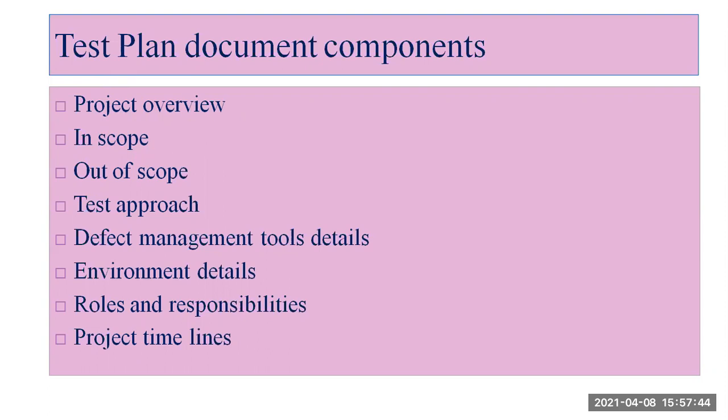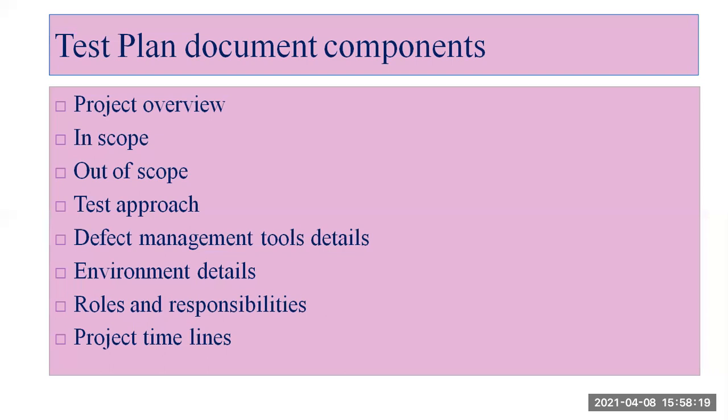What is a test plan document? It is a detailed document that describes the test strategy, objective, schedule, deliverables and resources for testing the software product. If you go and see any software company, any software projects or products, we have to maintain a test plan document.